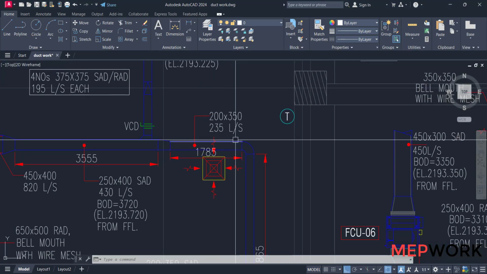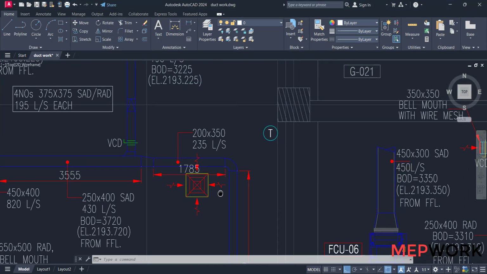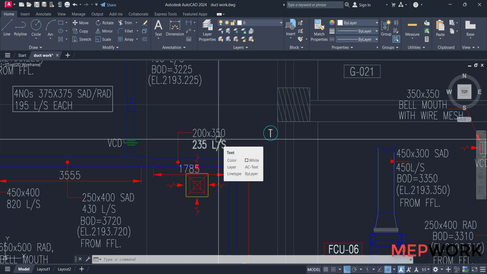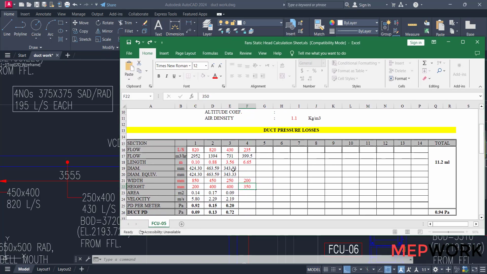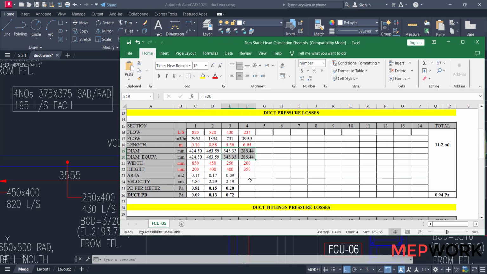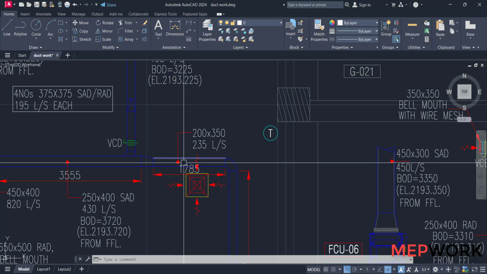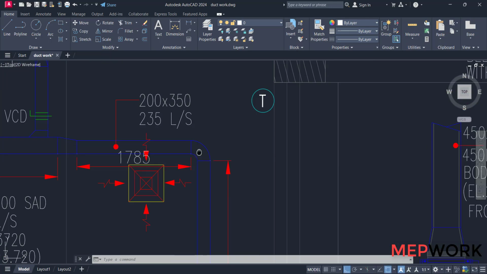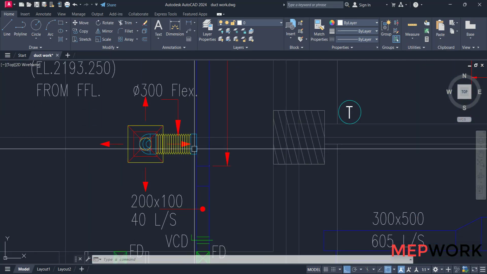The flow will be 235 and the size 200 times 350. And the fitting, one elbow 90 degrees, and a branch and a reducer.